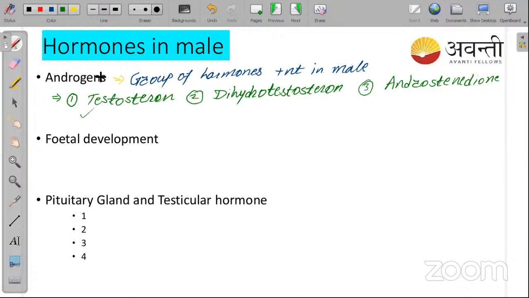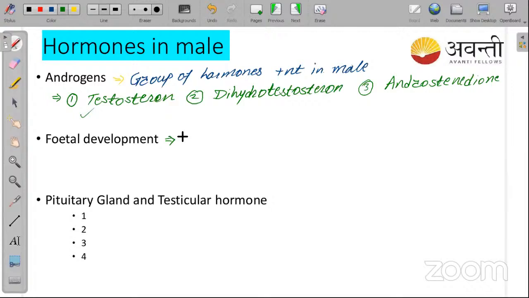Testosterone is the main hormone in the development of the male reproductive organs. Here I have added some words, that is fetal development. What is meant by fetal? A fetus is the embryo which develops in the female womb or uterus.